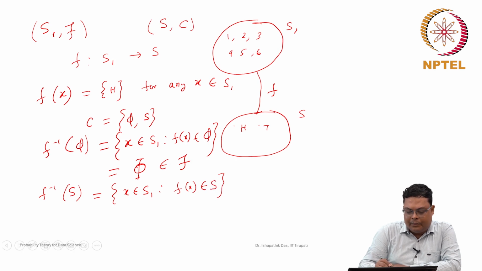So, note that if you consider x such that f of x belongs to S, now what is f of x? F of x is h, and S contains h and t.